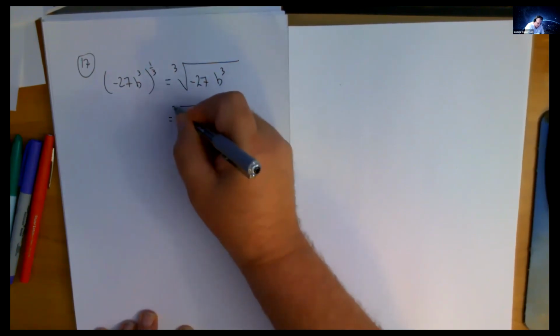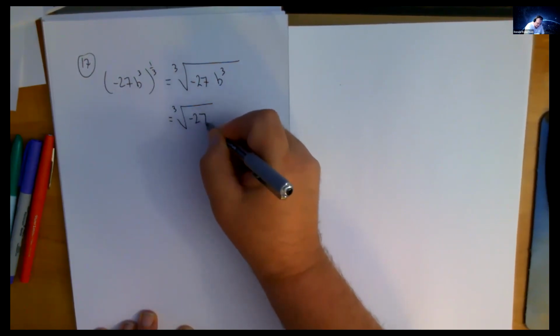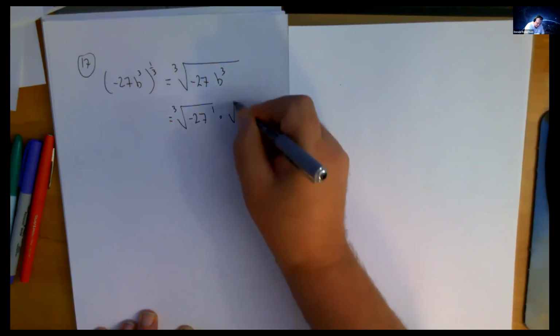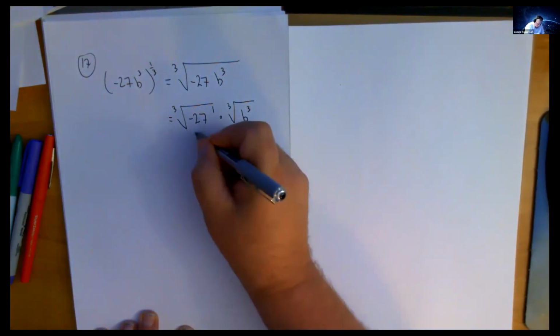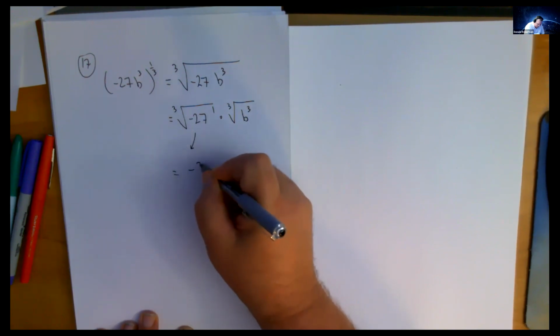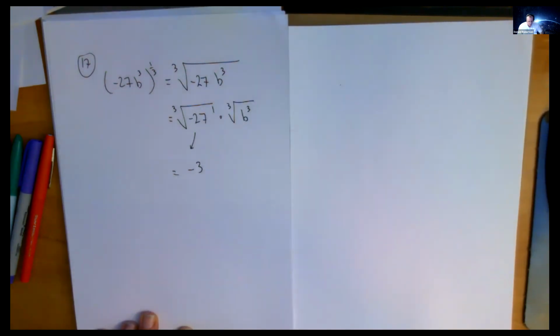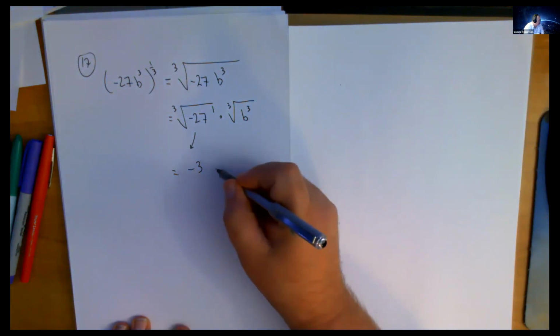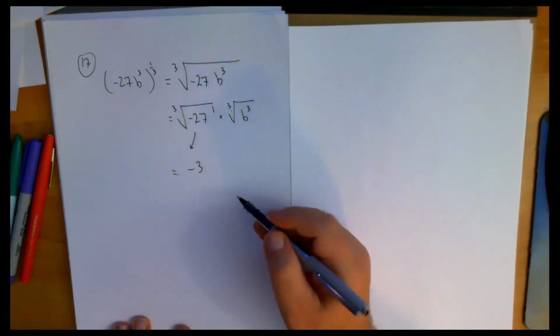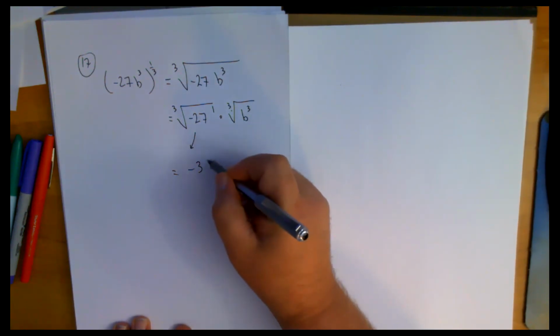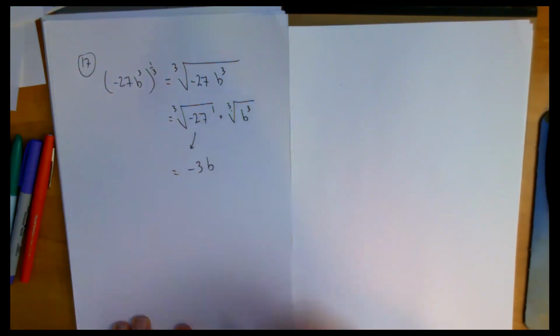If you want to see what some working might look like, you're allowed to separate them into 2 distinct cube roots. Won't this one get you negative 3? What's the cube root of b cubed going to get me? Just b.